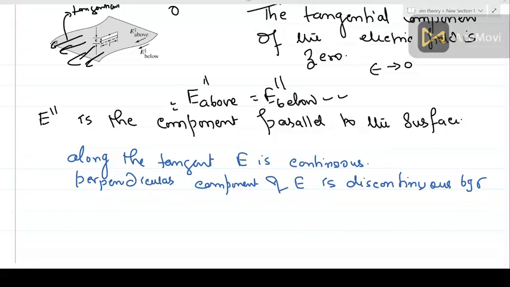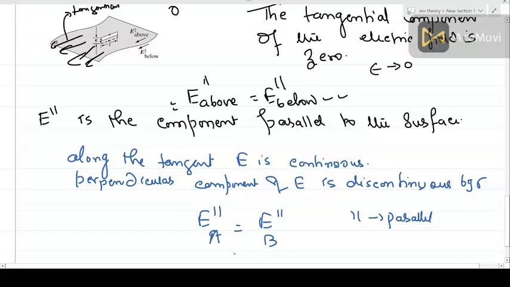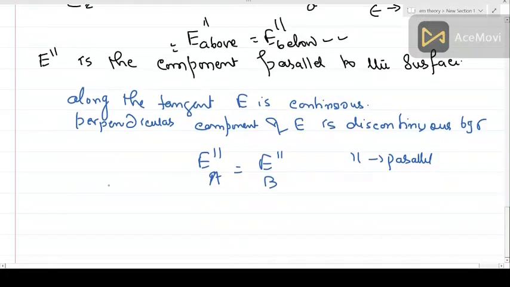So these are the two equations. One is E parallel above, this stands for the parallel component, is equal to E parallel below, meaning the parallel components above and below the surface are equal.